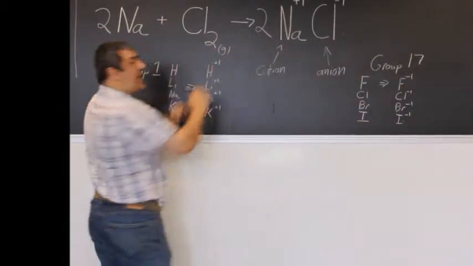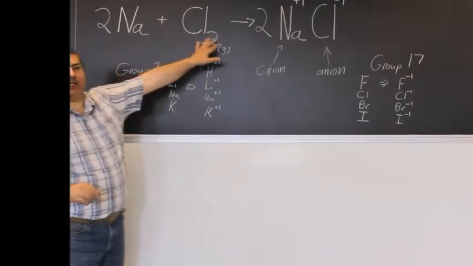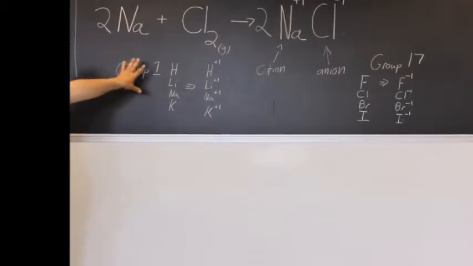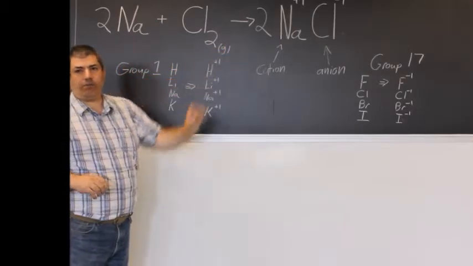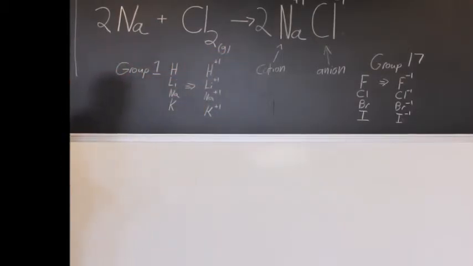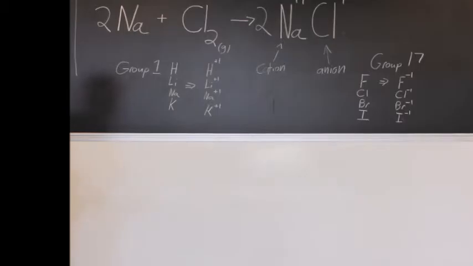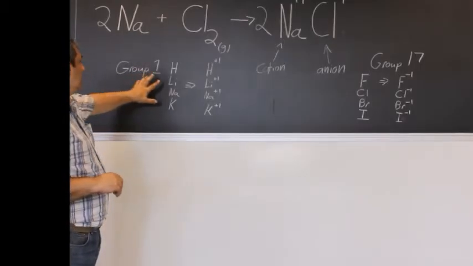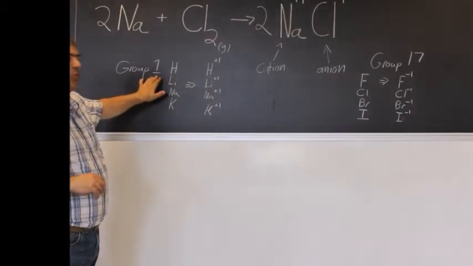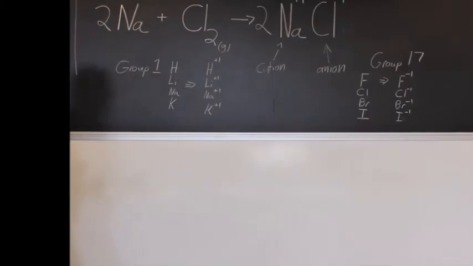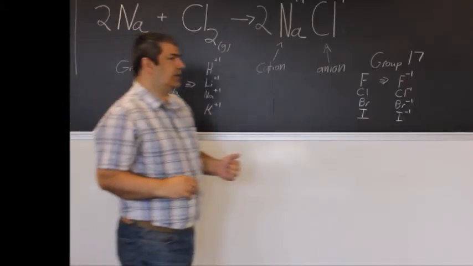And this part of balancing the equation, again, I'm getting a little ahead of myself, but hopefully by the time you watch this video, you'll already be approaching chapter 3 in the reading, and that'll make more sense. We'll have an entire section on balancing equations and so forth. So again, you'll definitely want to start getting familiar with the periodic table, the groups, which groups form what charge, and so forth. And again, I'll have that in the handout and maybe make another video a little bit later on.